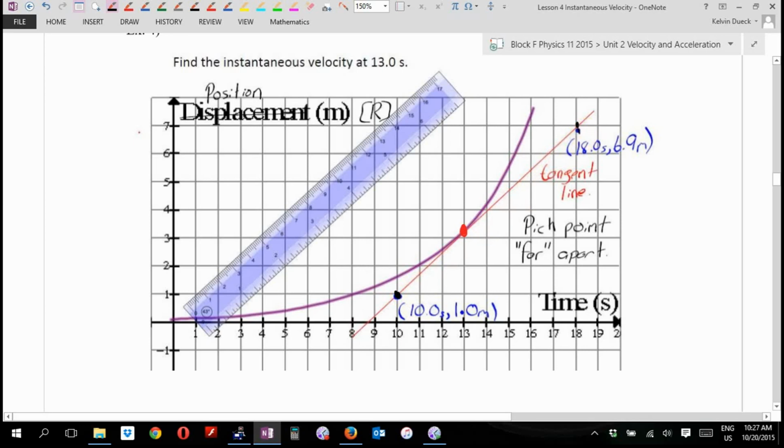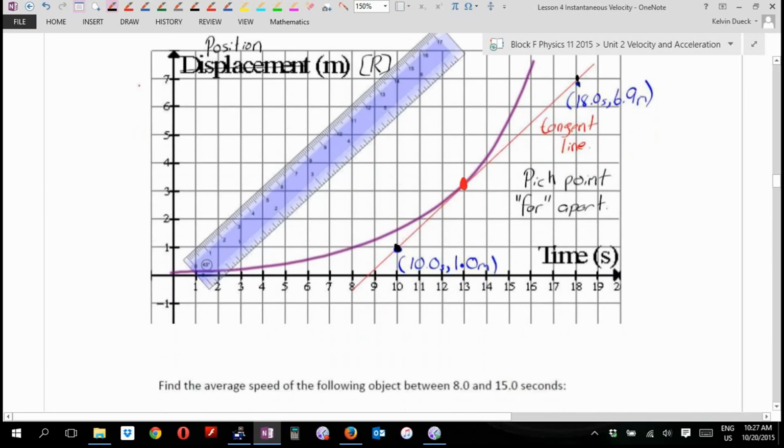You might say it goes through 18, 7. The person who did this online thought it went through 18, 6.9. And now I would go rise over run. The velocity at 13 seconds is, what's the rise? How high are we right here? 6.9 meters. How high are we right here? 1 meter. What's the rise? 5.9?